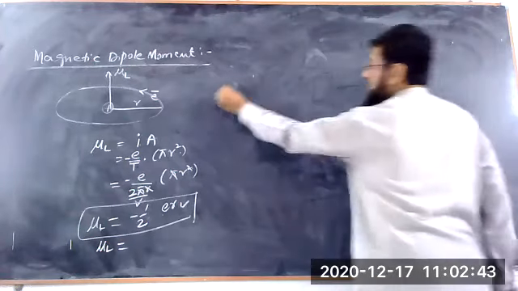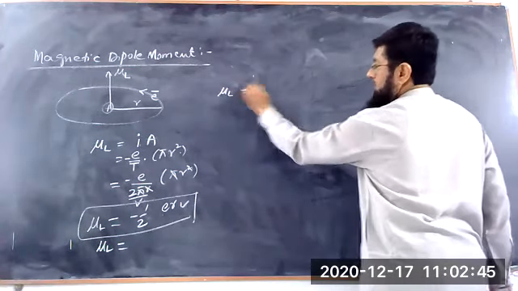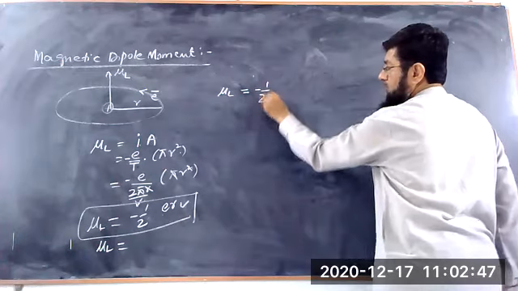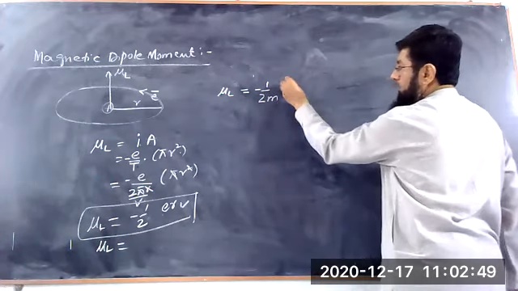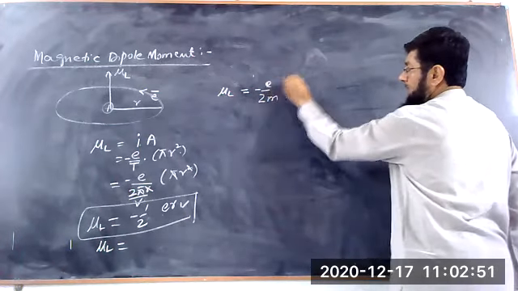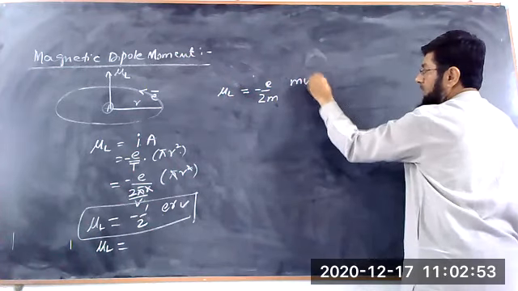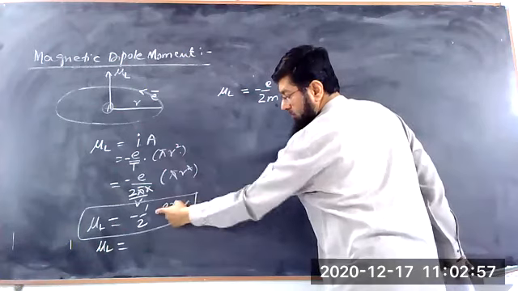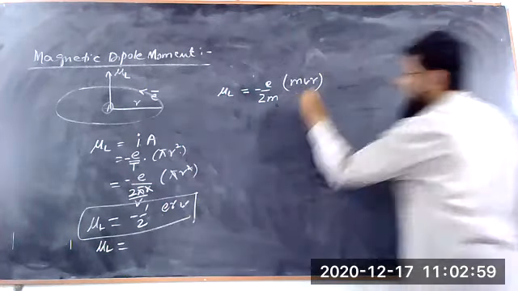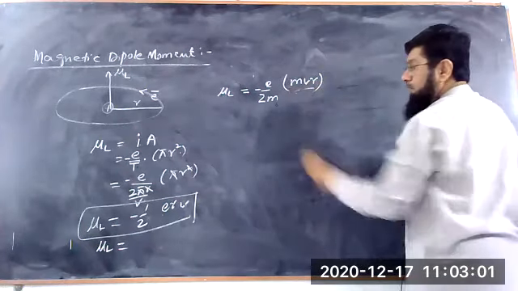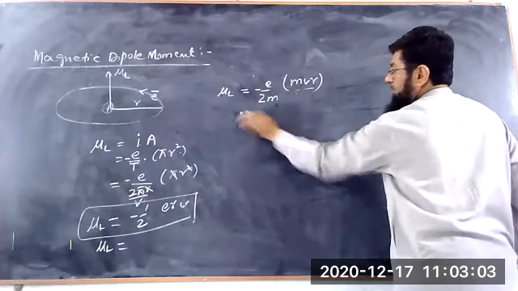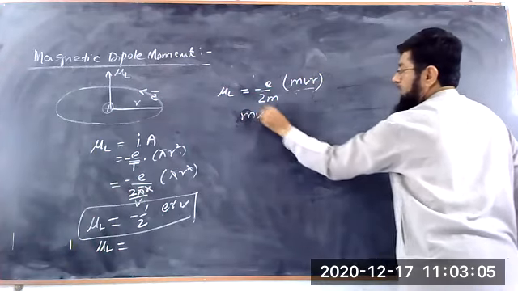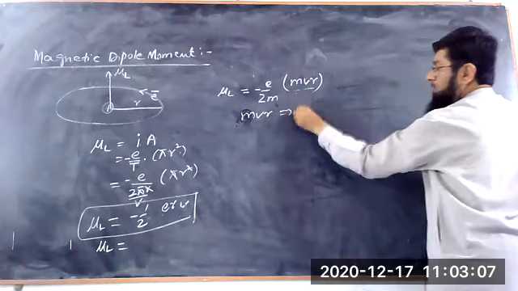This gives mu L equal to minus 1 upon 2 e over m, times m v r. This m v r is the angular momentum.